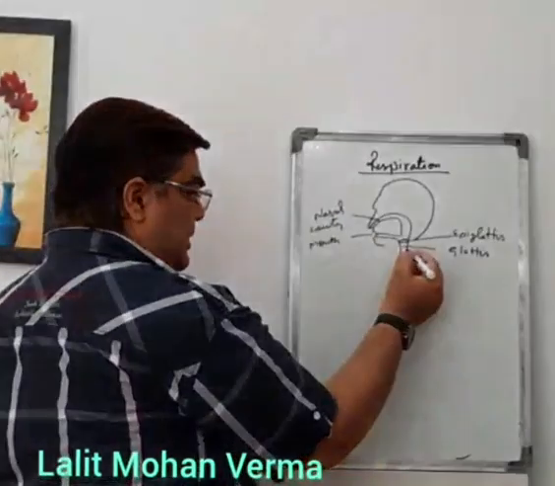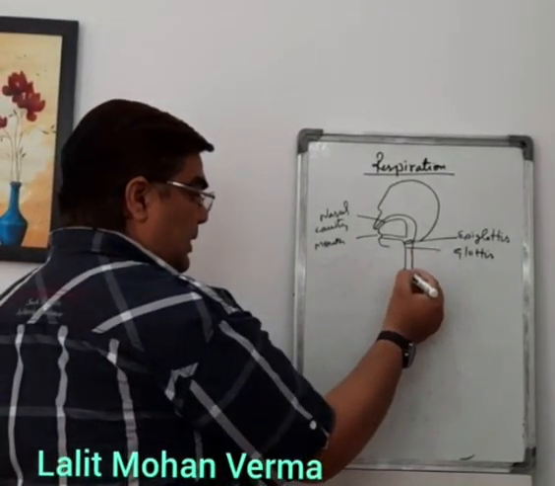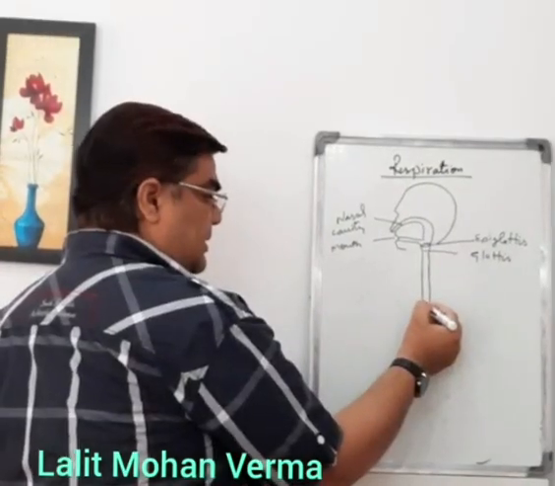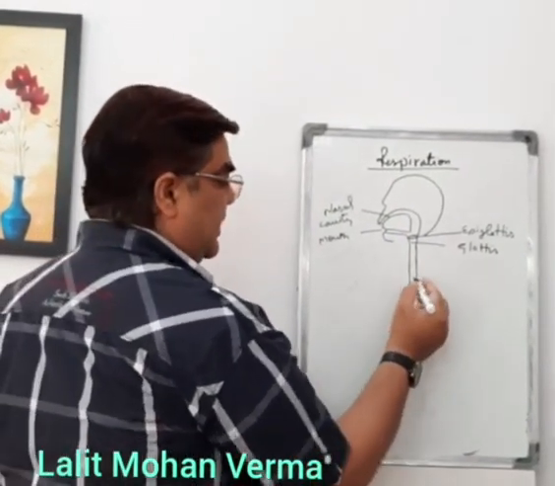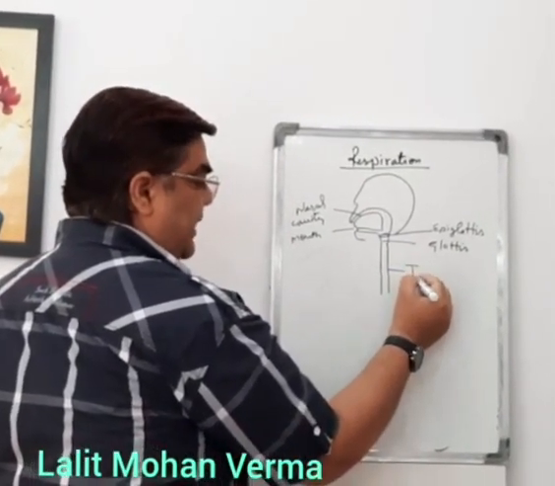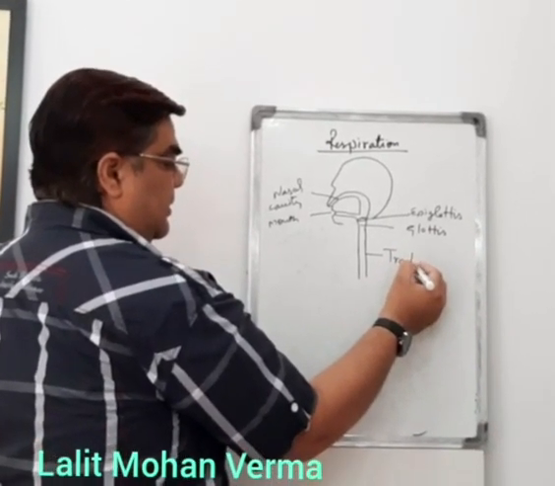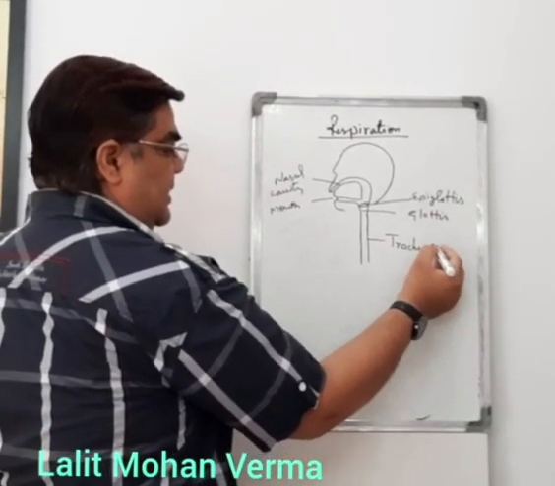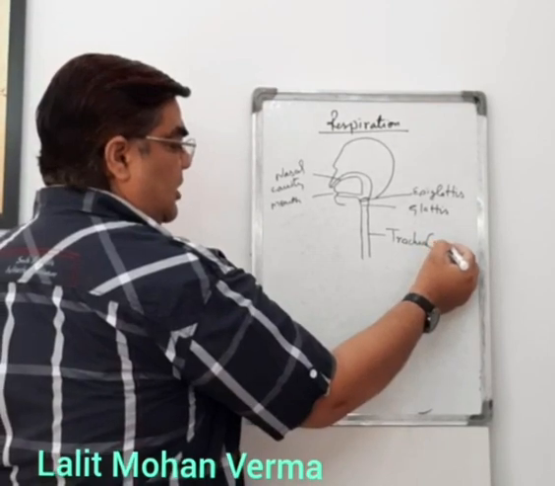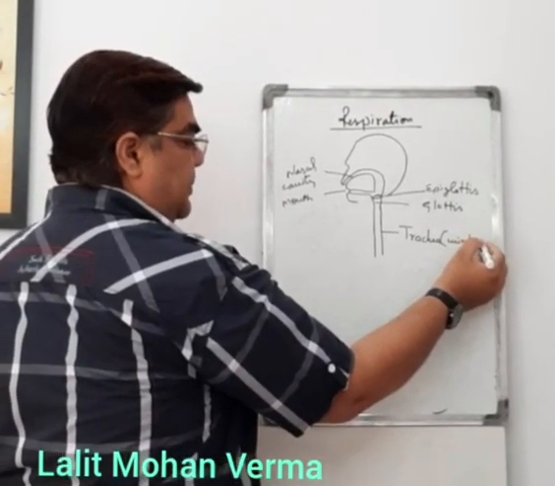Afterward, this tube, in the digestive system we have discussed the esophagus. Now this is the trachea, also called the windpipe.